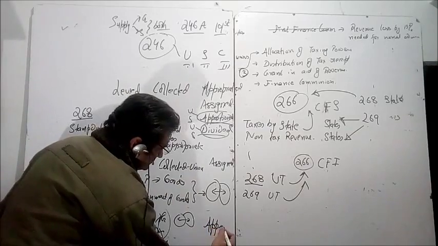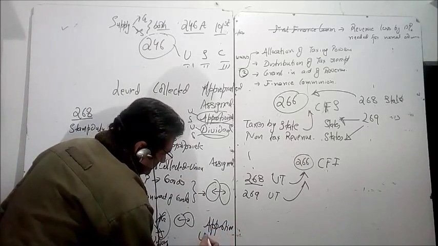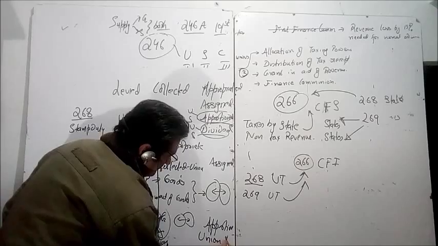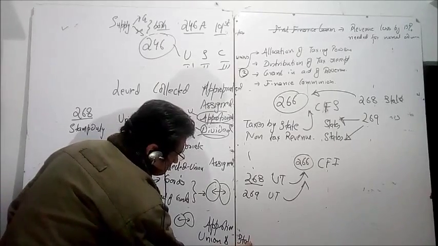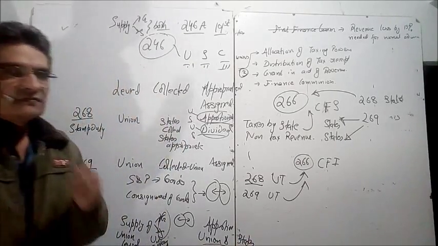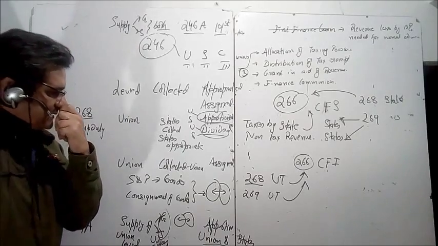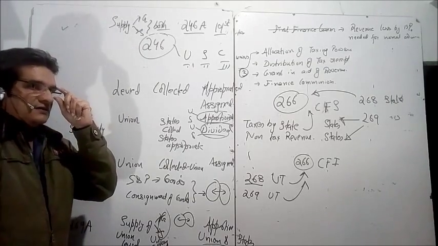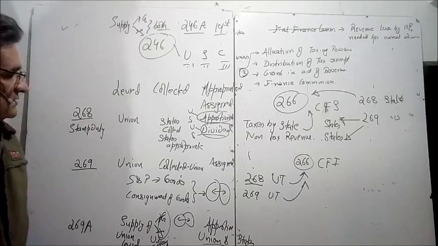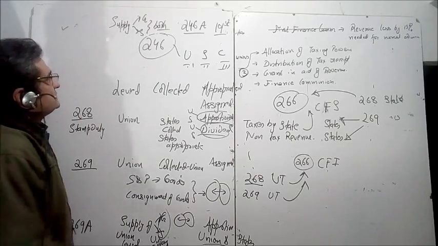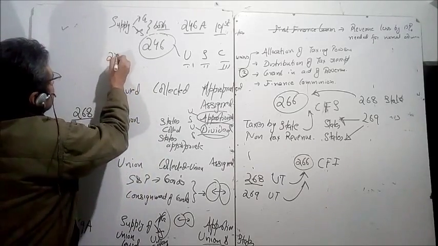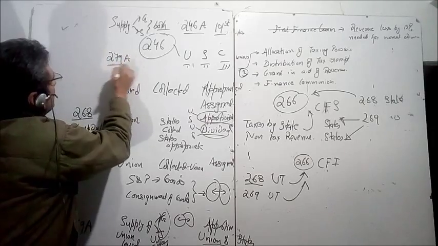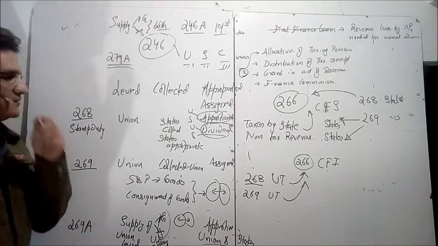So it is apportioned between union and states, based on the principles decided by the Parliament, and Parliament will take into consideration the recommendation of the GST Council, which is there under 279A, headed by the Finance Minister.